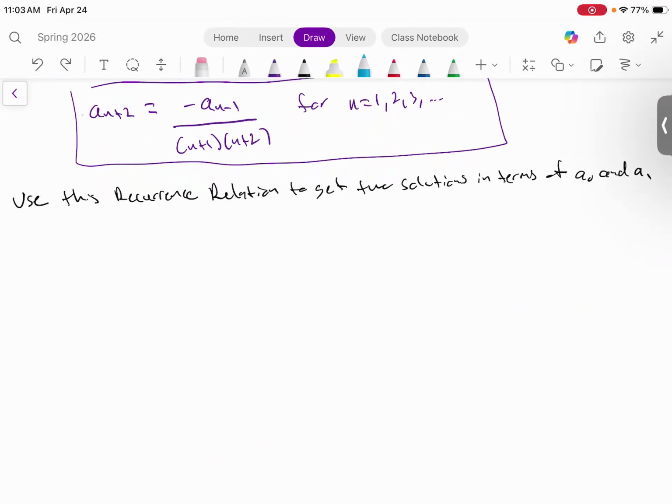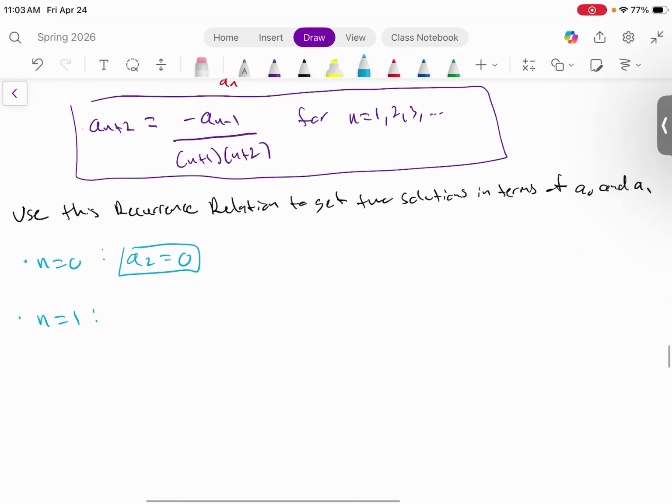So let's start with n equals 0. We already know what that is: a2 equals 0. I just wanted to keep it here to keep it within the data. For n equals 1, I'm plugging 1 into all the n values here. That would be a3 equals negative a naught over 2 times 3, which is negative a naught over 6.